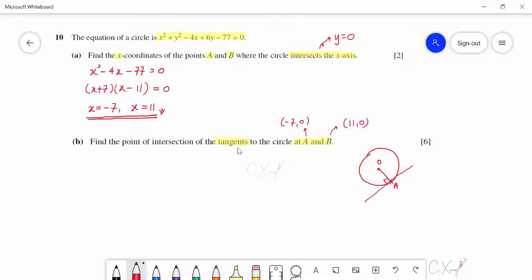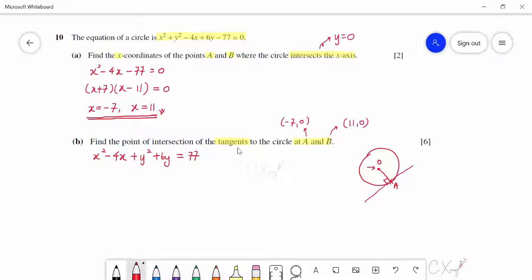Now to find the gradient of the tangent, I need the center of the circle. This is the original equation for the circle, and I rephrase it so all the x terms are together, all the y terms are together, and I move the constant to the other side.